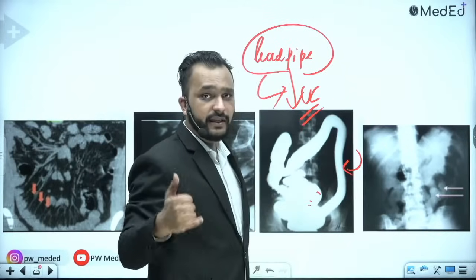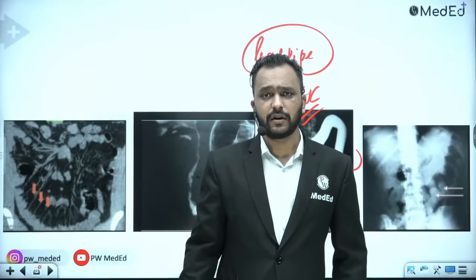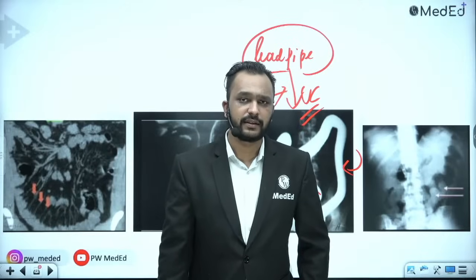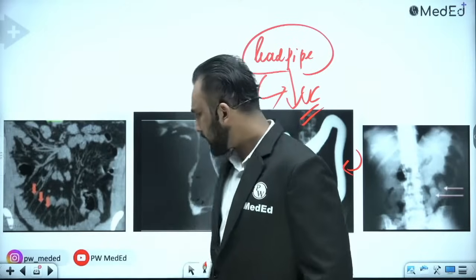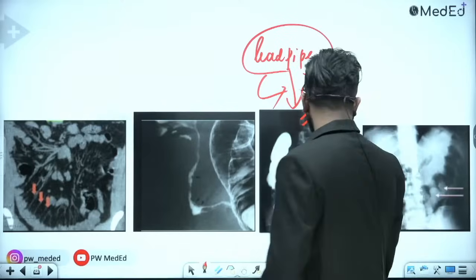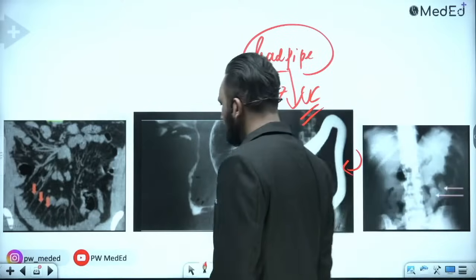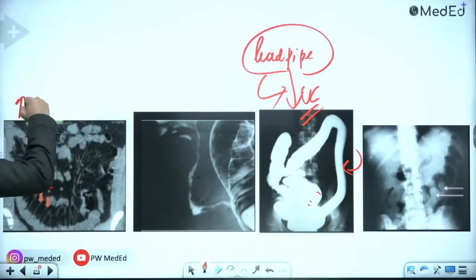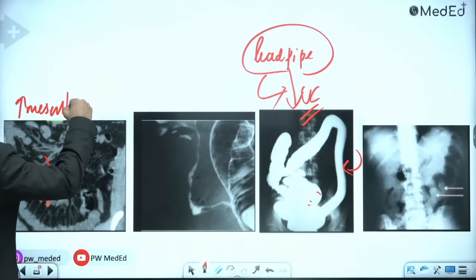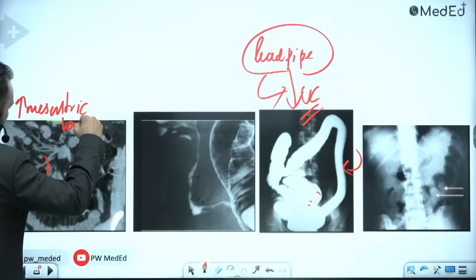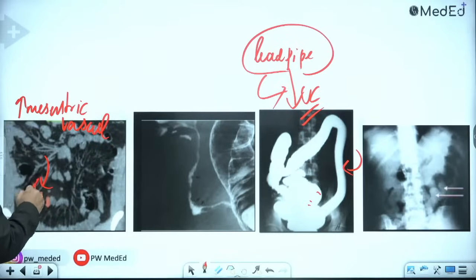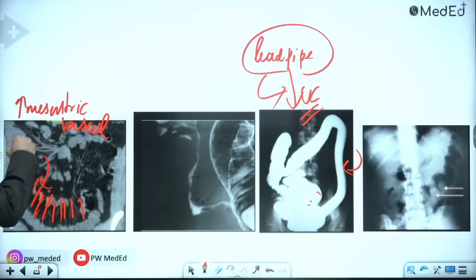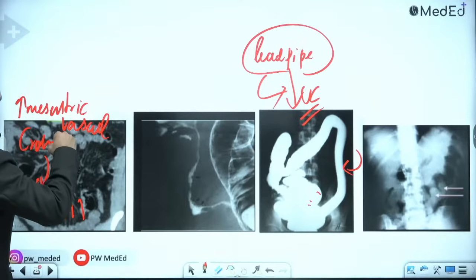So the first feature that you are going to see in ulcerative colitis will be mucosal granularity. Mucosal granularity will be seen in ulcerative colitis. Then you are going to see increased mesenteric vascularity, giving the comb shaped appearance, seen in patients with Crohn's disease.